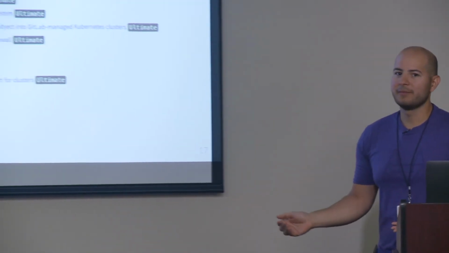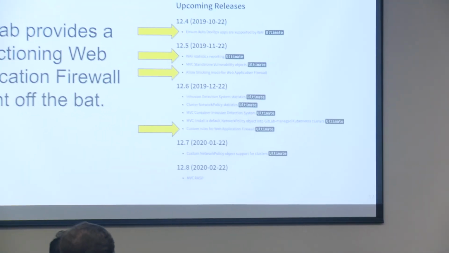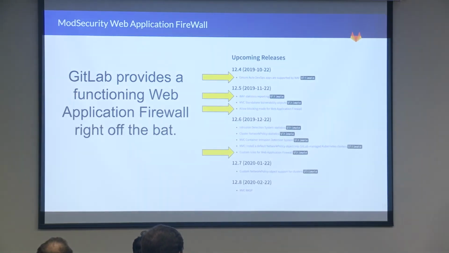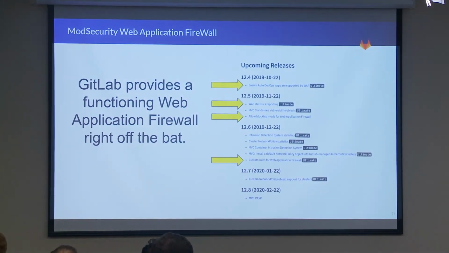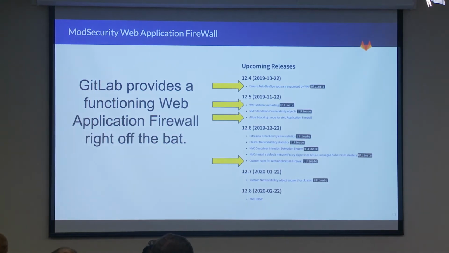Yeah, pretty much. In GitLab, we do provide that as well. We provide the WAF configured out of the box, and this is a little roadmap of what's happening. I think one big problem with the WAF is that it just dumps a bunch of logs to a file in Ingress right now, and there are challenges around visualizing that data and making the logs useful and really examining them.